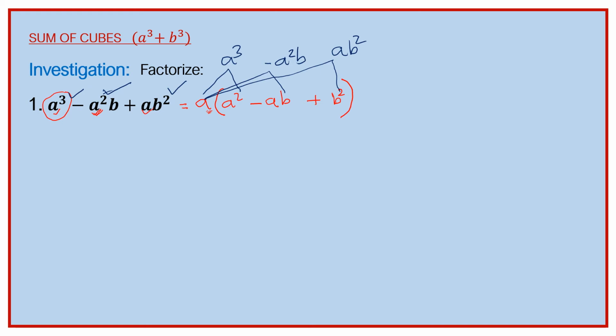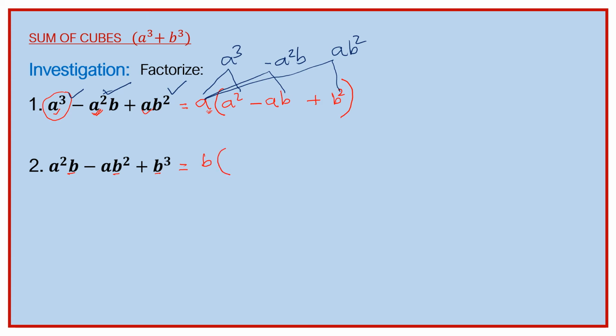You understand? Next, let us factorize a squared b minus ab squared plus b cubed. You see that we have b, and we have b. So b is the common factor. So we write b and open the brackets.